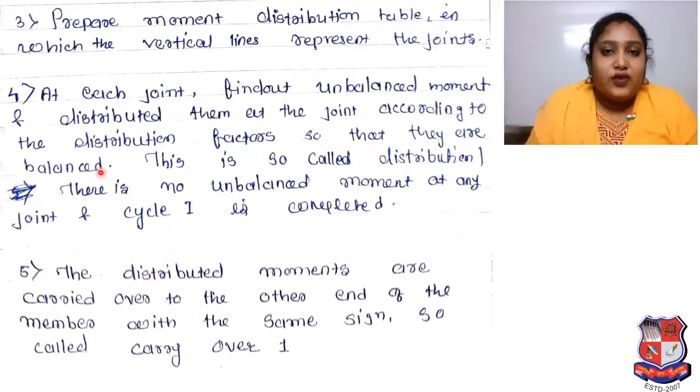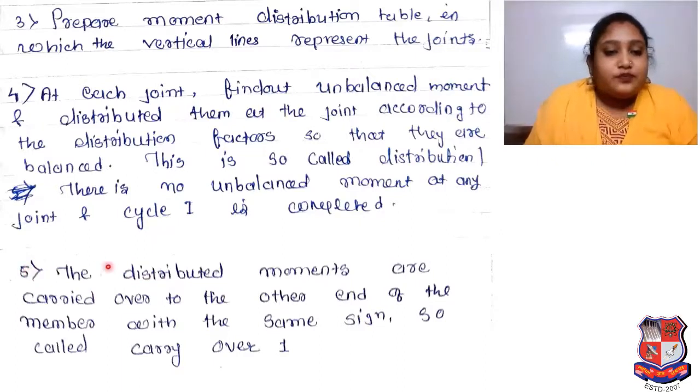If it is not balanced, then we have to make it balanced. This is the so-called distribution. There is no unbalanced moment at any joint and cycle 1 is completed. But if any unbalanced moment is there, then we have to do calculations till we get the balanced moment.